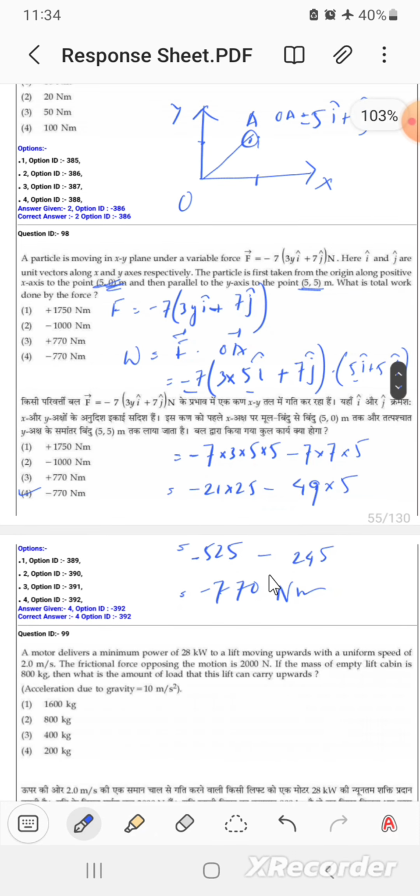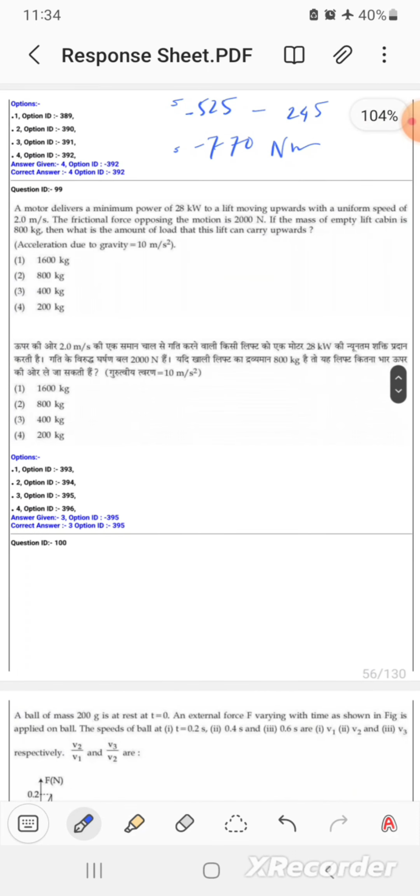Going to the next question. The question is: a motor delivers a minimum power of 28 kilowatt to lift a cabin moving upwards with uniform speed of 2 meter per second, and the frictional force opposing the motion is 2000 newton.